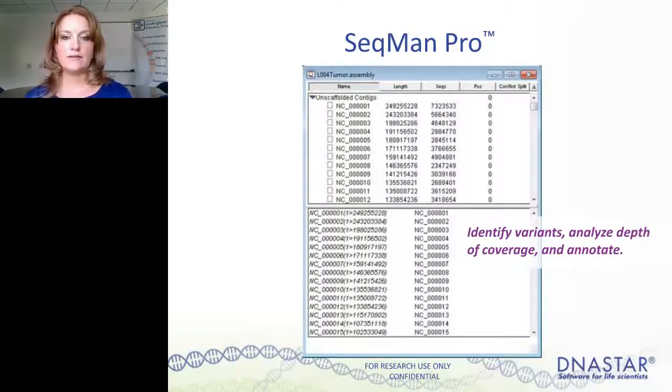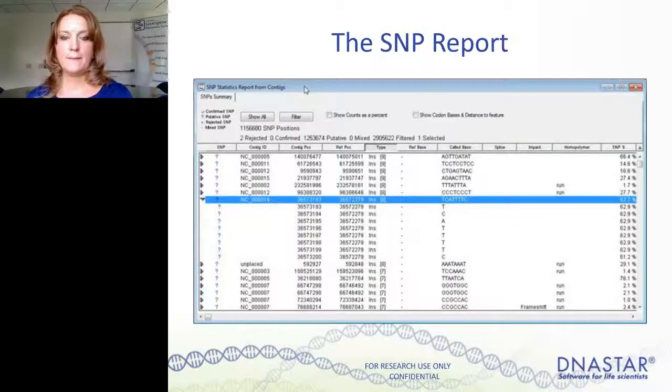This shows all of our contigs. And in this window, you can see that we have contigs for each of the chromosomes in this sample. If I highlight that, I can look at the SNP report for the entire assembly. And here's the SNP report.